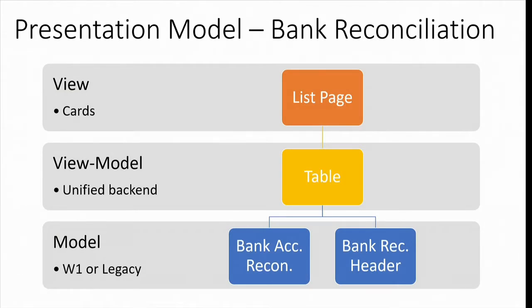So basically, the users will start from a list page, and that page will be the access point to whichever cards they need to interact with. And these cards will be dependent on their choice, the local feature or the universal W1 feature. The table bound to the list page itself is a temporary table. And that table holds the subset of the data they are supposed to interact with, depending on what kind of records you use. The temporary table will just reflect the subset out of the W1 table or the local legacy one.